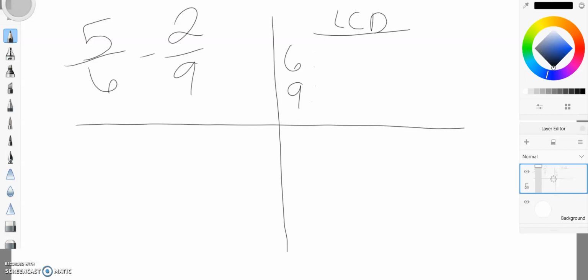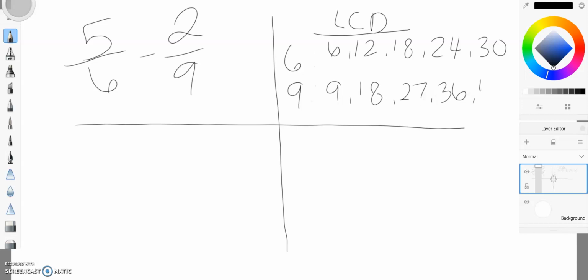Alright, if you decided to keep going, we're going to look at the multiples for 6. So we have 6, 12, 18, 24, and 30. Now look for the multiples of 9. So we have 9, 18, 27, 36, and 45.